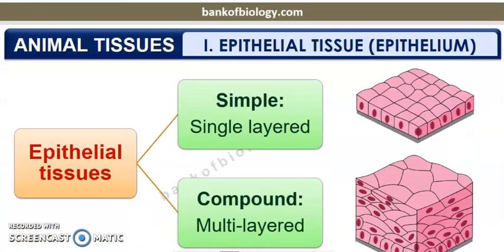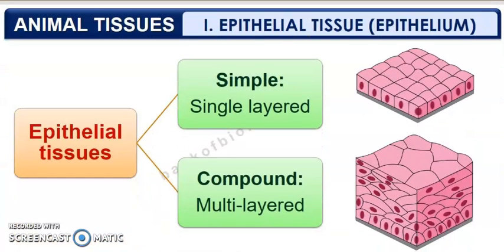There are two types of epithelial tissue. One is simple epithelial tissue and the other one is compound epithelial tissue. As the name says, simple epithelial tissue is composed of a single layer of cells, like this.